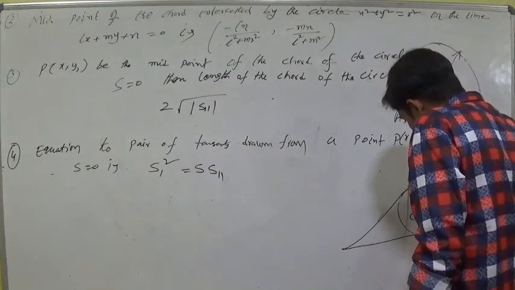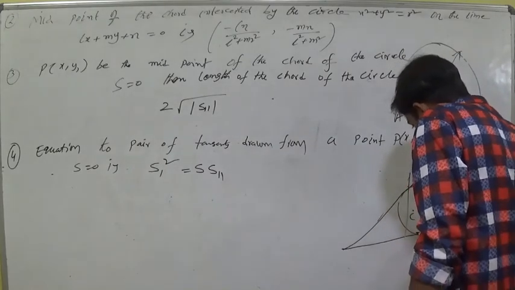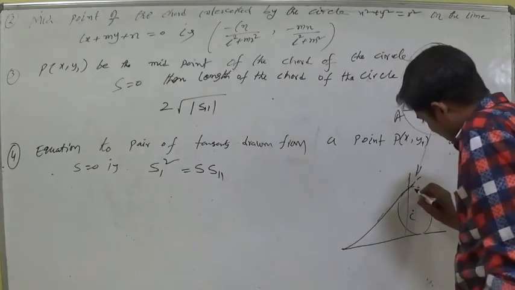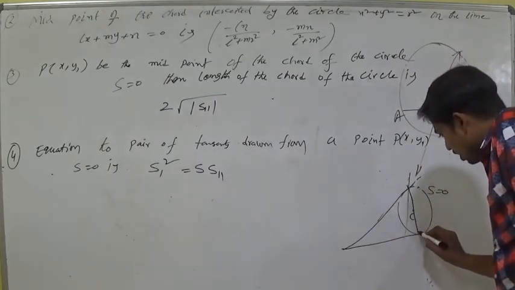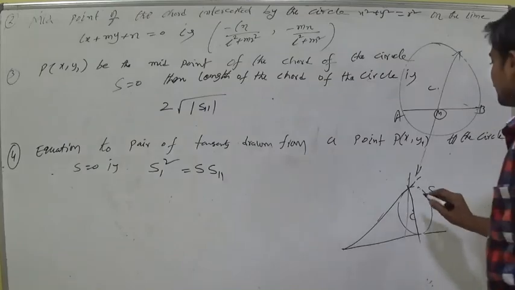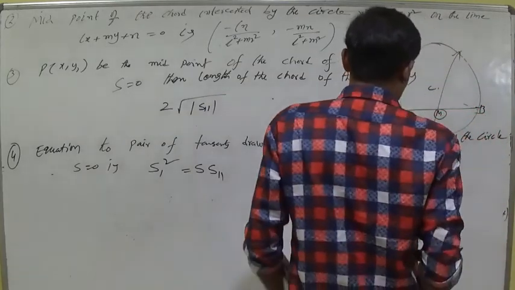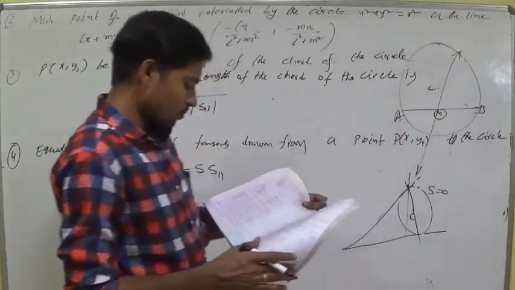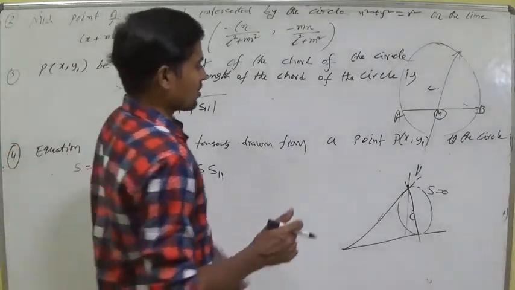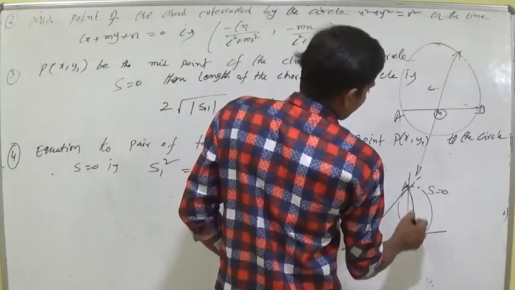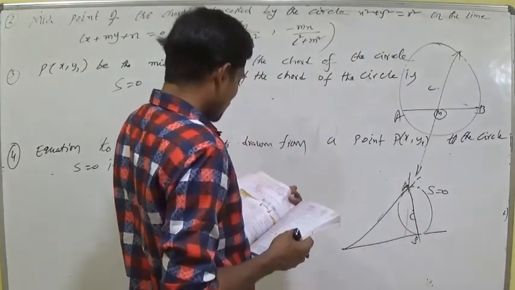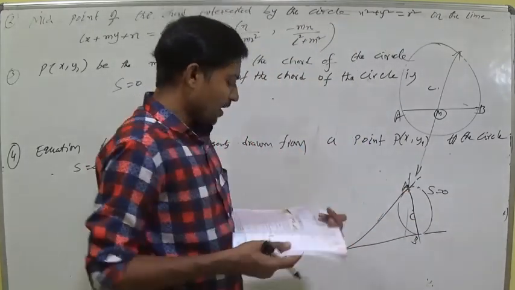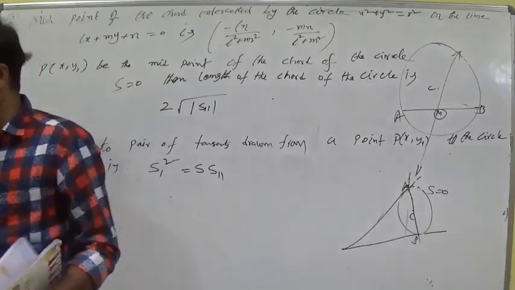This is the chord of contact. This one and this one, which becomes the chord of contact. Let us take 2 points here, A and suppose B. Chord of contact. Let us see problems on this. What we learned here.